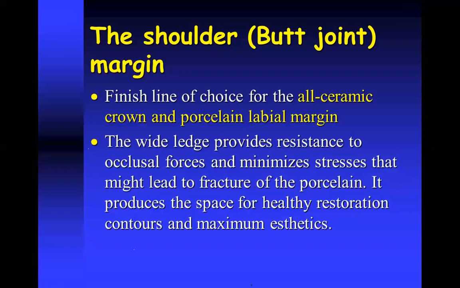This wide shoulder finishing line makes it possible to support the crown against the occlusal forces, and this will lead to a resistance of the crown to fracture. It produces the space for healthy restoration, contours, and maximum aesthetic.